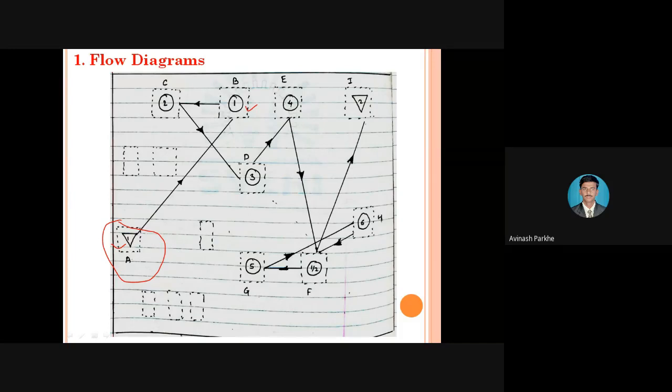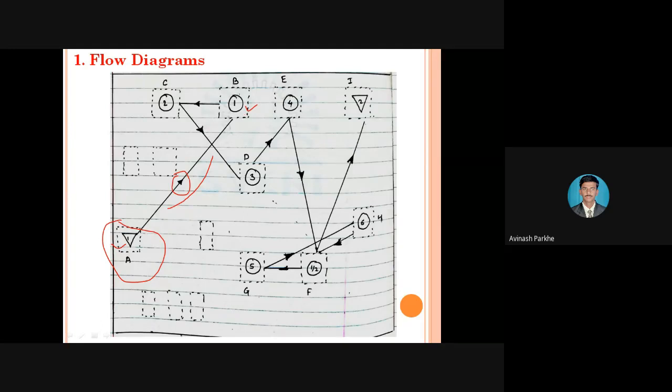Now from this point A, your component is moving to point B. You can see the distance between point A and point B is represented by this inclined line, and an arrow is also represented. That means from this direction your component is moving to this direction.